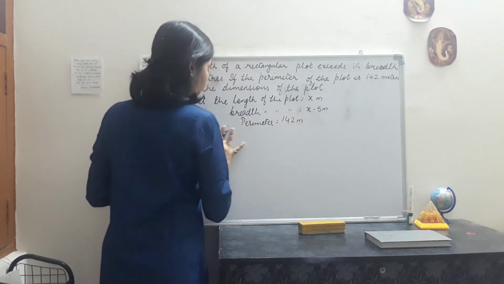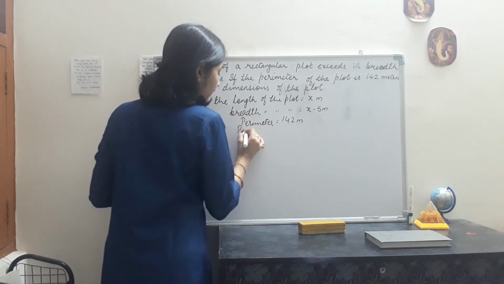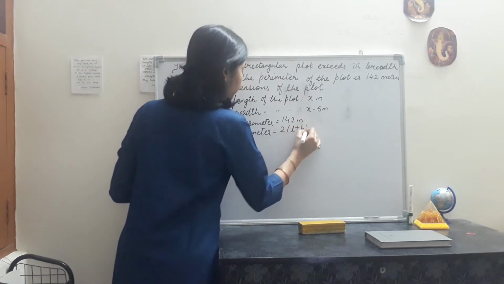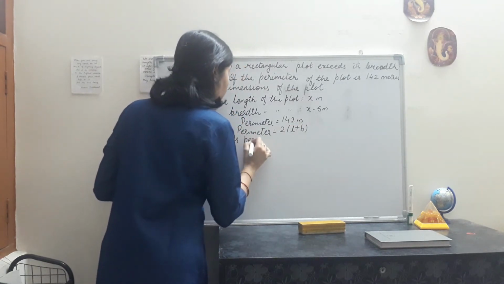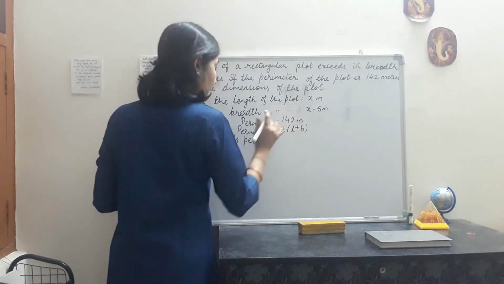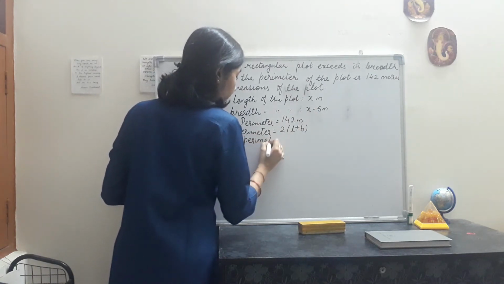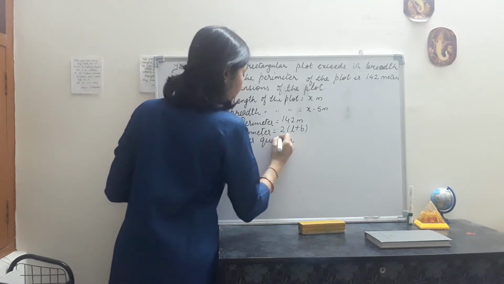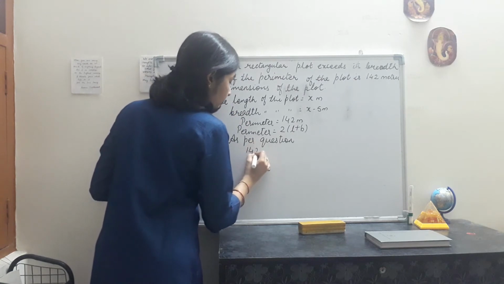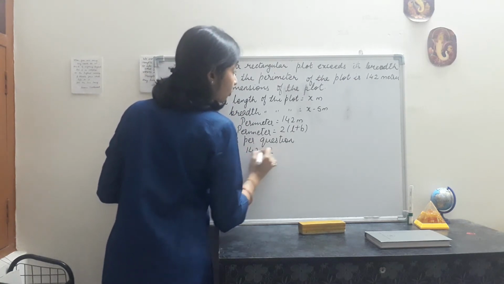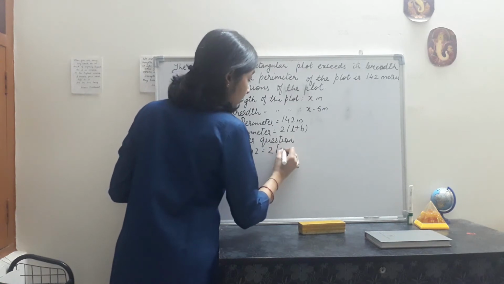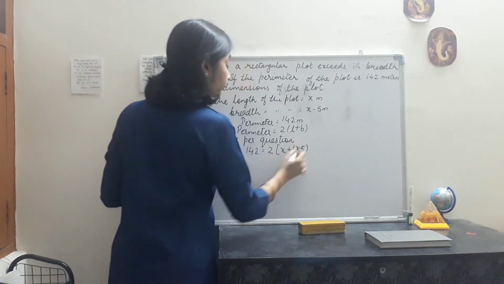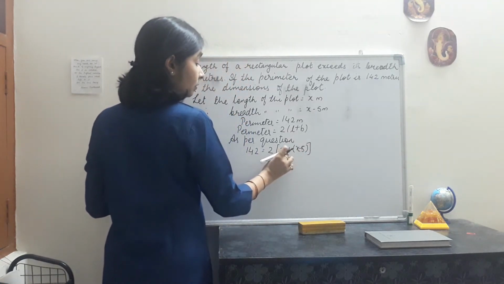Now as per the same formula, perimeter is equal to 2 into l plus b. So as per the question, we put both these values in this formula. 142 is equal to 2 into x plus x minus 5, length and breadth.